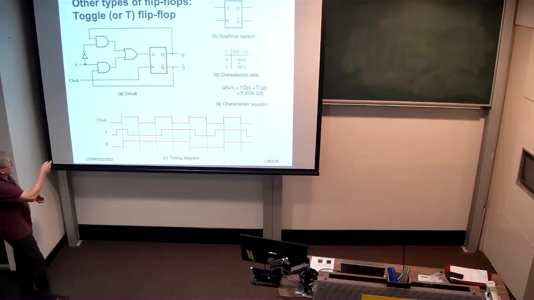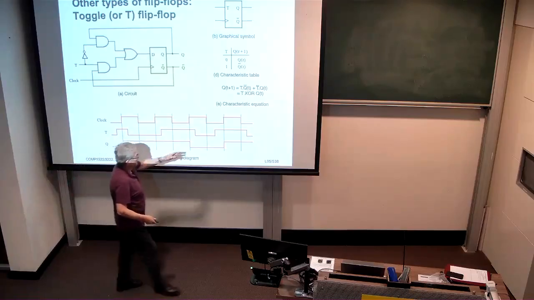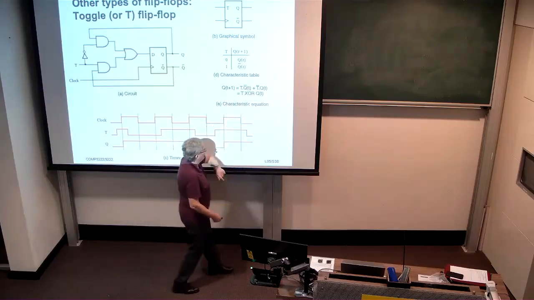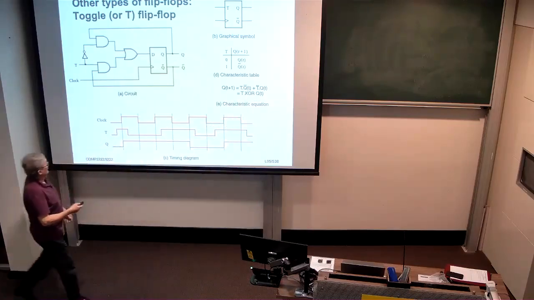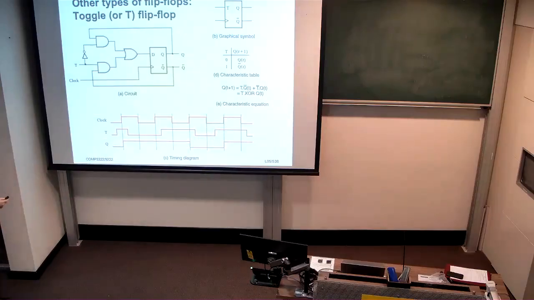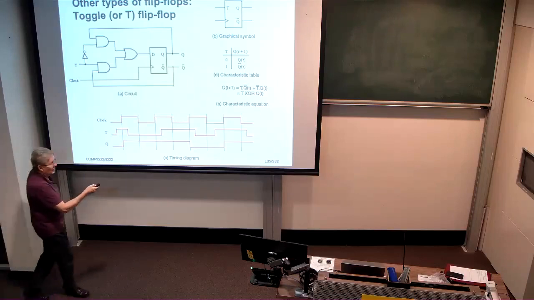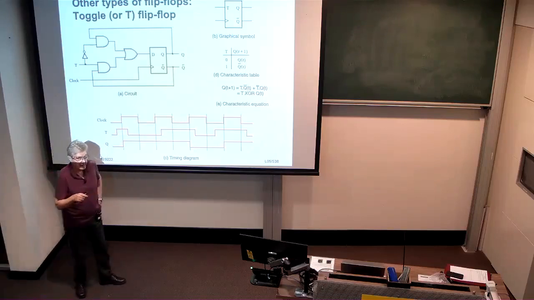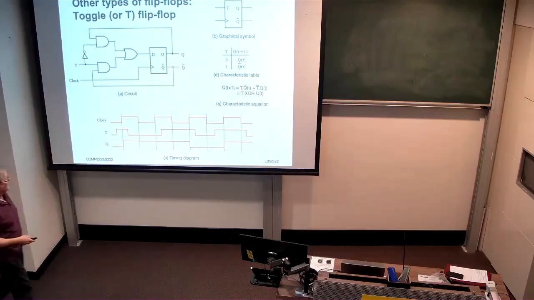Another way of expressing this equation, as illustrated here, with the AND gates together with T, we can see that the D input is T and not Q via that AND gate here, or not T and Q via this AND gate here. And therefore, this is just the exclusive OR relationship between T and the current state Q.